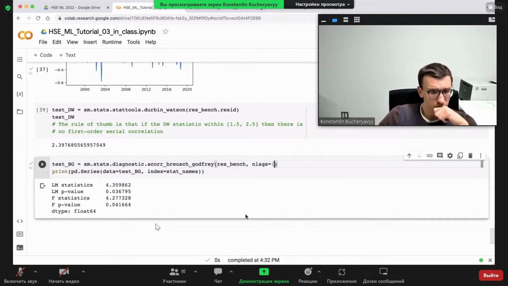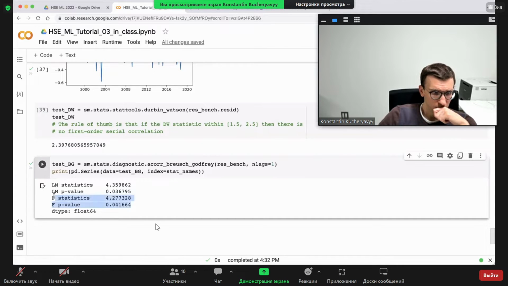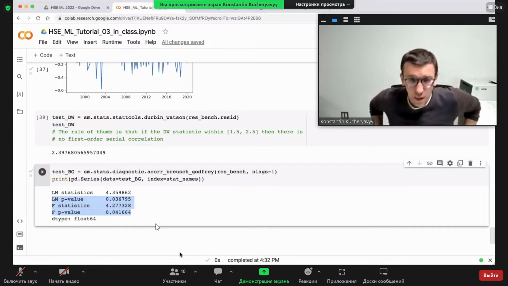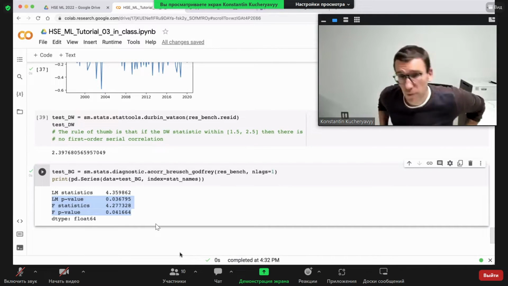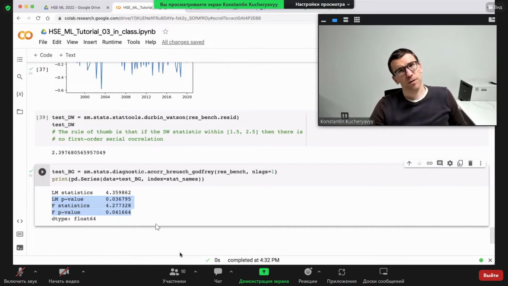But the first order is kind of on the edge, the same way as this one was on the edge. So it might be, it might not be, but just from our economic intuition, perhaps there should be serial correlation, because we would expect that lagged values of these variables matter for GDP, and that would create serial correlation.